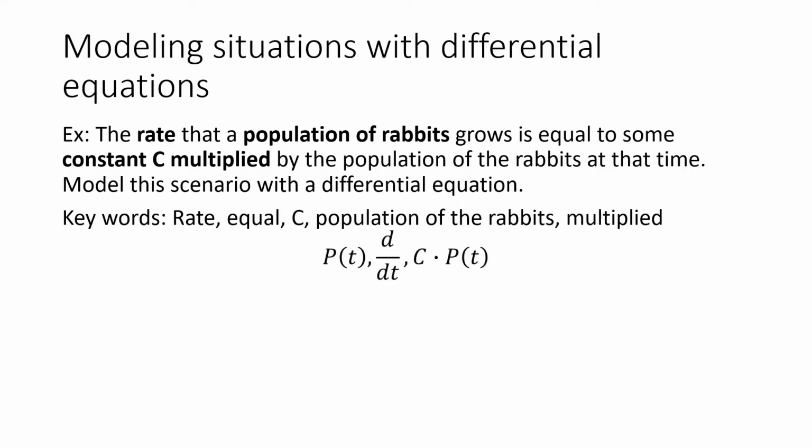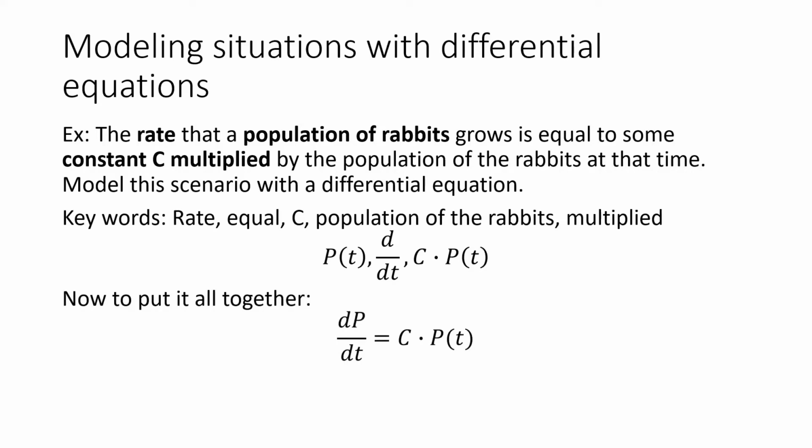Here it is in math language: population, the time derivative, and c times p. Let's put it all together. We finally get that the time derivative of the population is equal to c times p of t. As you can see, the rate that the population of rabbits grows, dp/dt, is equal to the constant c times the population of the rabbits. This equation encompasses all of that.